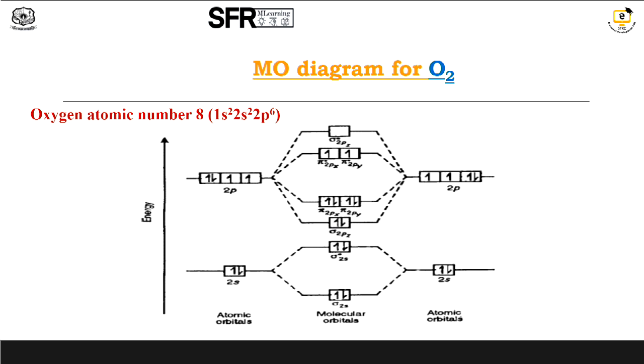Sigma star 2s is an anti-bonding molecular orbital, which has higher energy compared to the bonding molecular orbital sigma 2s. We already discussed this in the previous video.